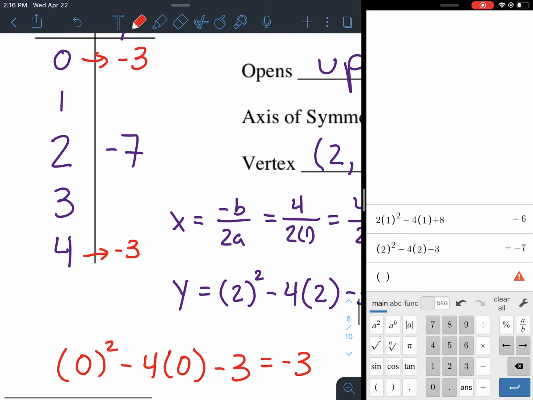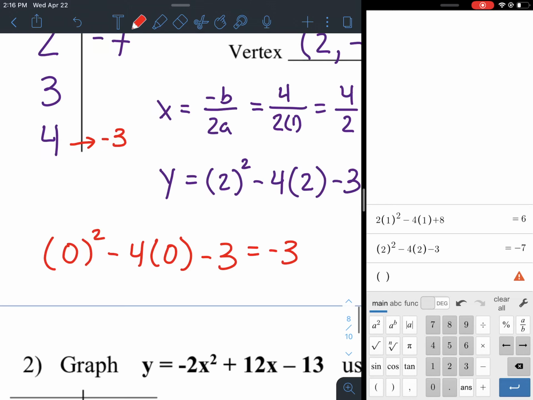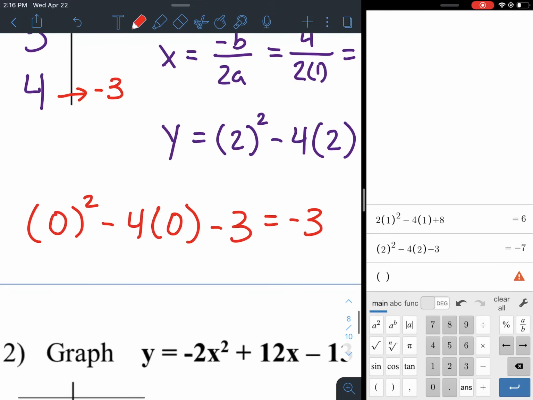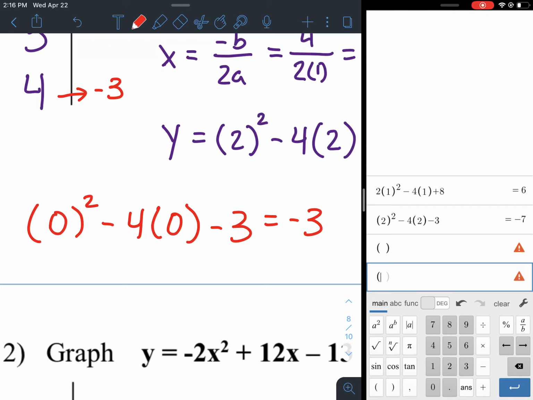Okay, and I can prove it very, very quickly. If I were to type this red equation into the calculator but replace the zeros with 4s, parenthesis 4, close the parenthesis, squared, minus 4, parenthesis 4, close that, minus 3. Sure enough, you can see it's negative 3 again.